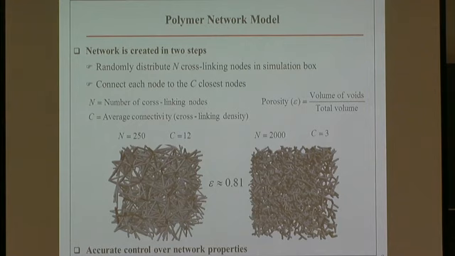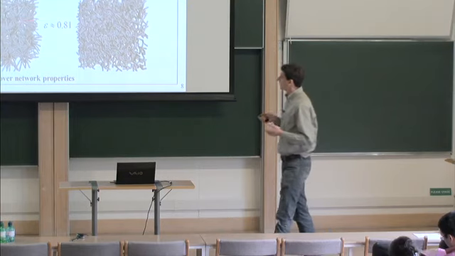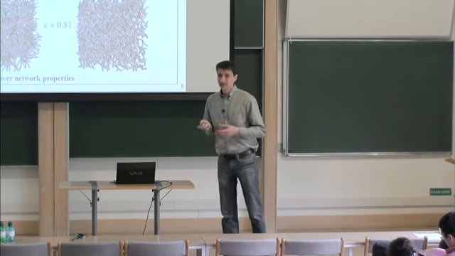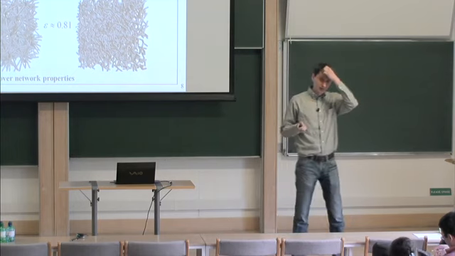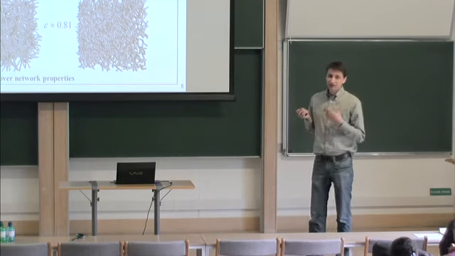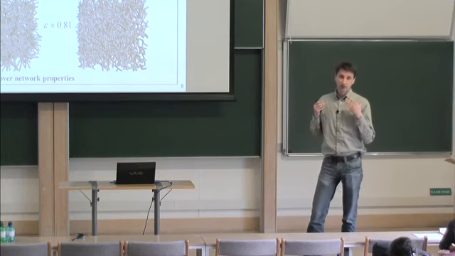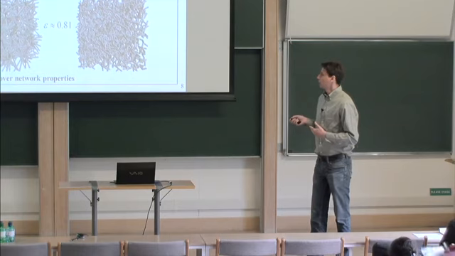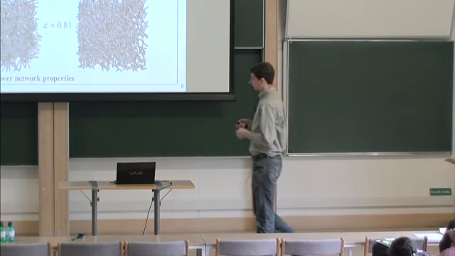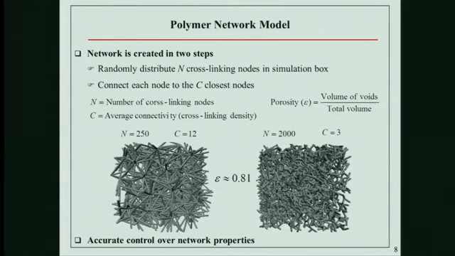This is different number of crosslink points and connectivity, and you see that structure is really different. What is identical for both of them? This is porosity, which represents the volume of void in the network to the total volume, and this is 81% in both cases. And actually what I will show you in the next few slides, that if we talk about transport properties, this is the parameter that essentially defines the transport, not the structure of the network itself, but the porosity of the network.